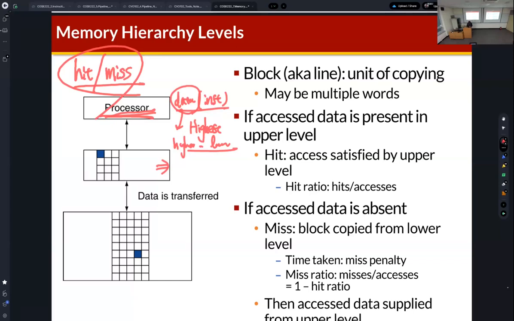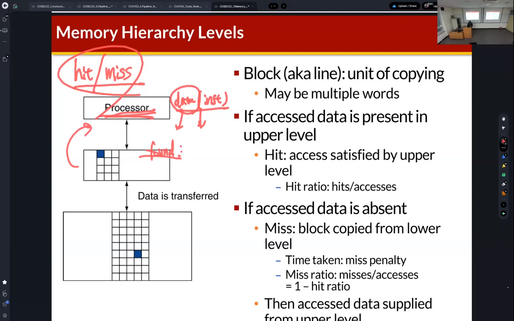So the processor requests data to the high level memory, and then there are two cases. Oh, data is found, fortunately. Then this data can be provided to the processor very quickly because the high level memory is fast.